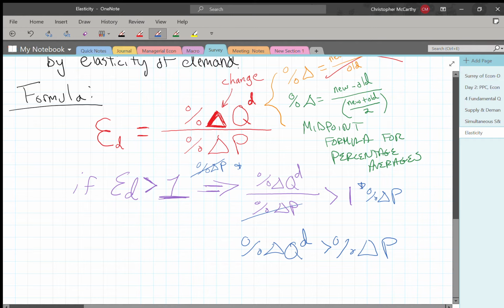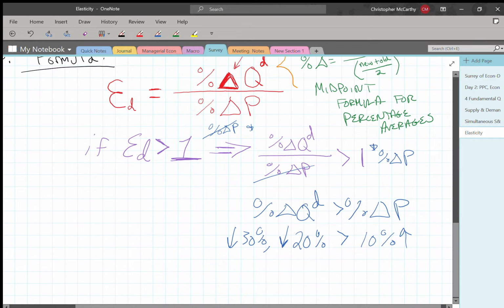So that means that if I had, let's say, some sort of 10% increase in the price, I would expect my percentage change in quantity demanded, so it's not going to be an increase because of the law of demand, right? I'd expect this to be something like 20%. It has to be greater than that, but it could be anything. This could be 30%. This could be 11%.